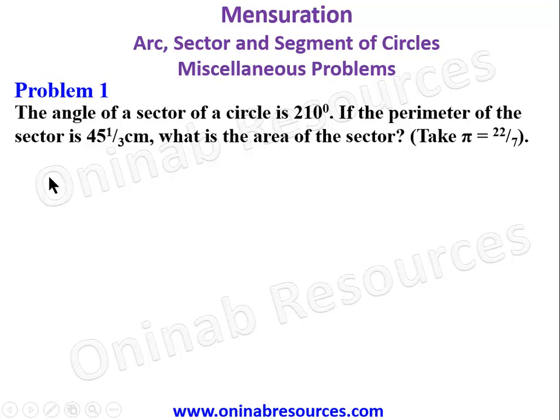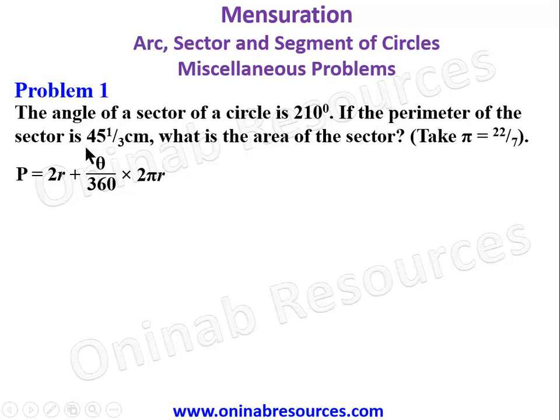So we state the formula for the perimeter of the sector as 2r plus theta over 360 times 2 pi r. We know the perimeter, we don't know the radius, we know the angle. So we substitute those parameters to enable us calculate the value of r.